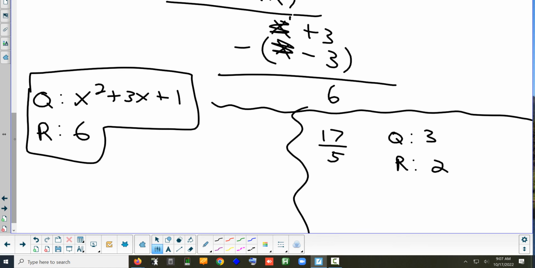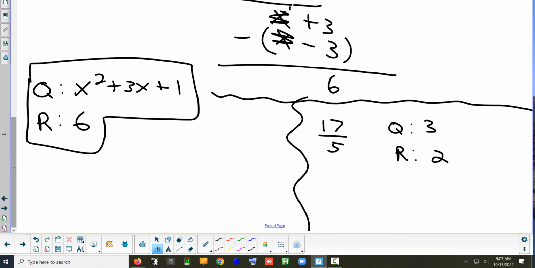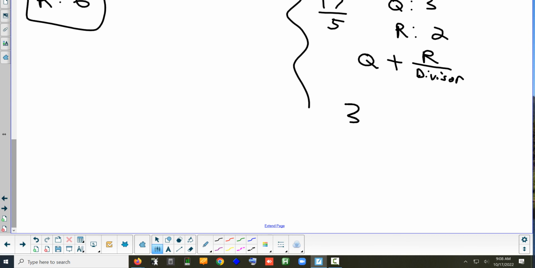So one way you can write your answer to a division problem, when you get a quotient of 3 and a remainder of 2, is you can write the quotient plus the remainder over the original divisor. That's one way you can always write your answer to a division problem with numbers. The quotient was 3, the remainder was 2, and the divisor was 5.